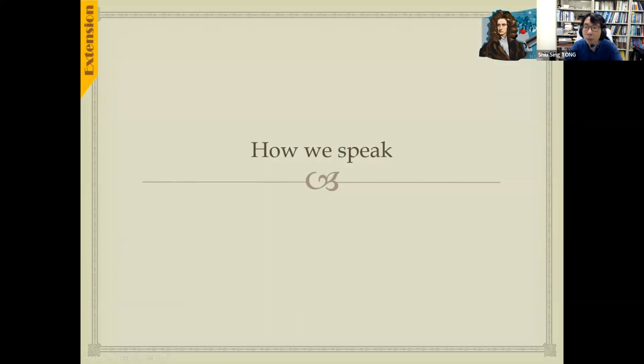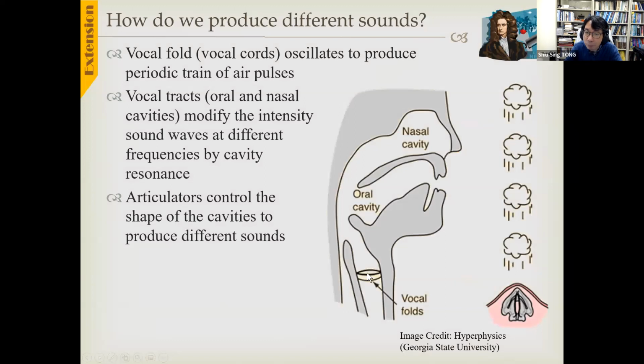Now, although I will not test you in the exam, it may be instructive for us to know how we speak. People may think that the vocal cords will be able to produce different sounds. This is not exactly true, because the vocal cords in our throat will only oscillate in the same way.